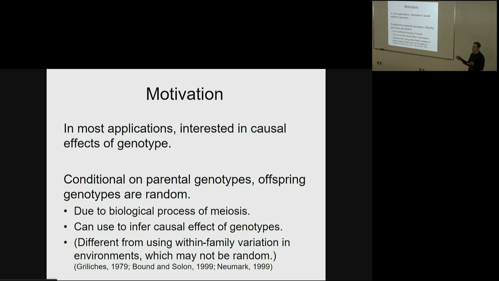So, for example, looking at differences between MZ twins in their schooling, and then looking at how that related to differences in earnings, and using that to try to see something about the causal effect of schooling on earnings. The idea was that you were then holding constant genetic factors. The problem is there's some reason why they're different in their schooling that may also explain why they're different in their earnings. So that's not exogenous environmental variation. This is different. With genetic data, there really is a random assignment conditional on the parents.